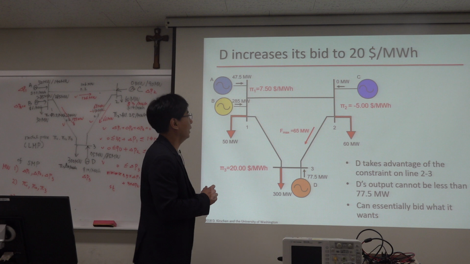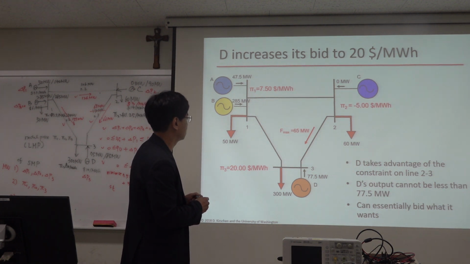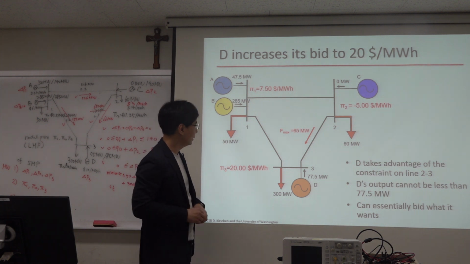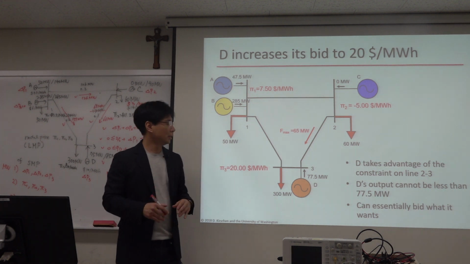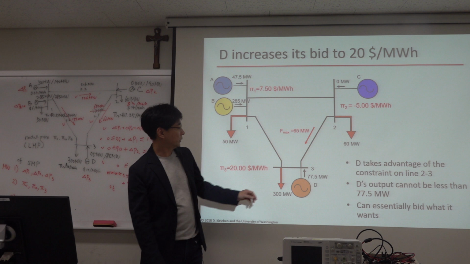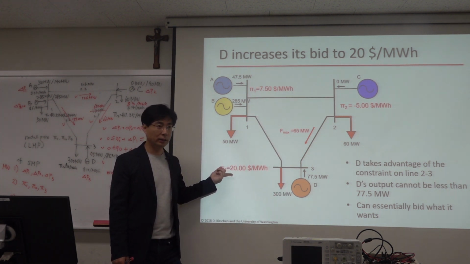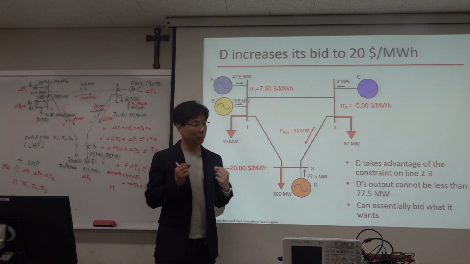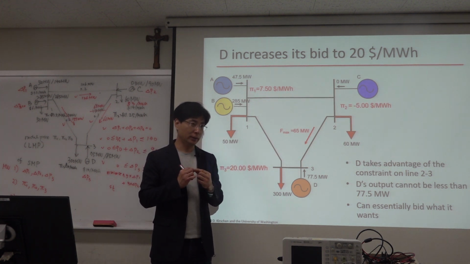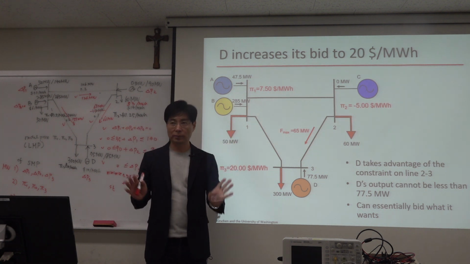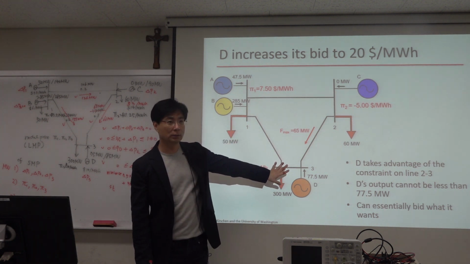Okay. Suppose that generator D bids $20. He did that because he knows I'm an important generator. So he increased his bid. And ISO solved the problem, and this is the consequence.